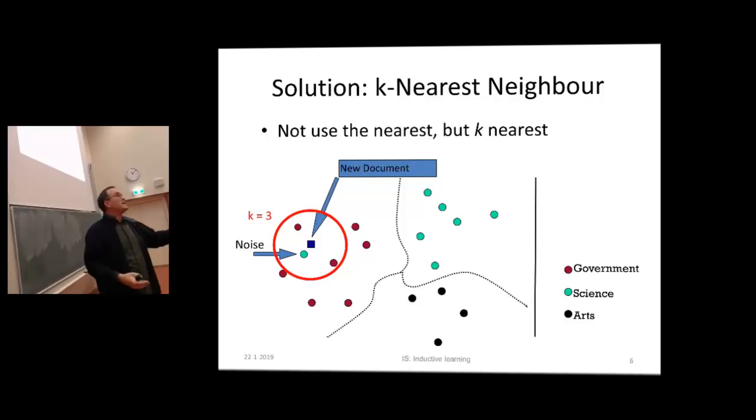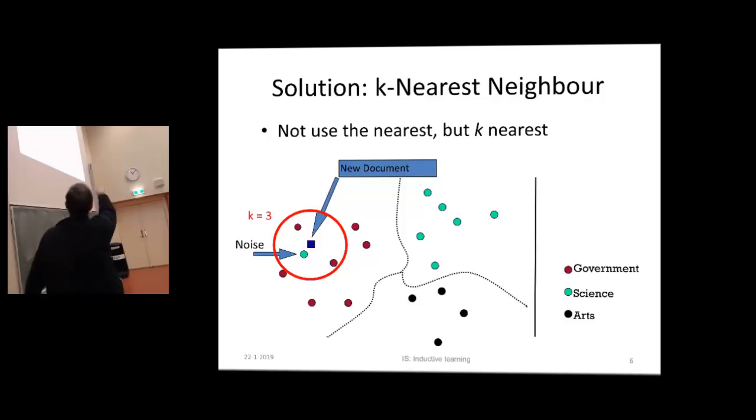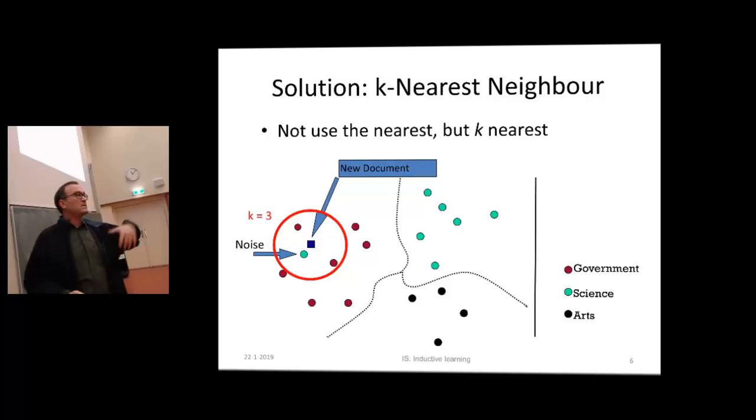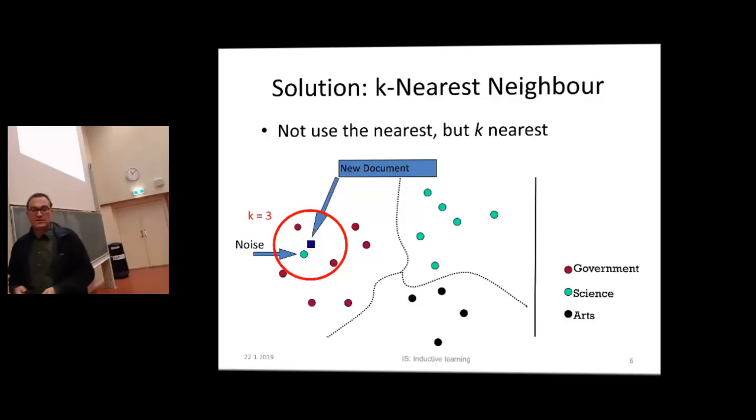If you have a 3-nearest neighbor algorithm in this case, you would assign the red one to this. It's a very simple method, and obviously you need to find the right parameter for k. That depends on the level of noise that you have, and this allows you to write a very simple algorithm by just looking at the instances that have already been classified.